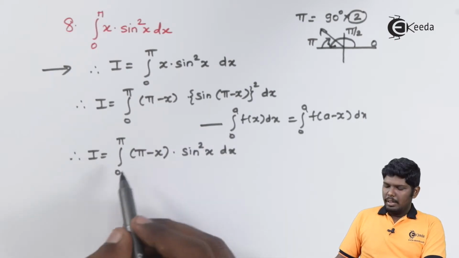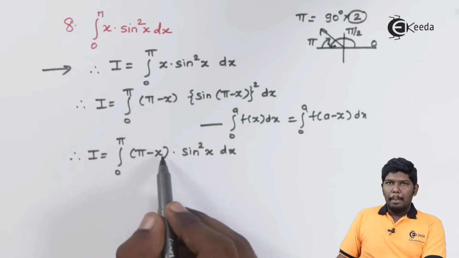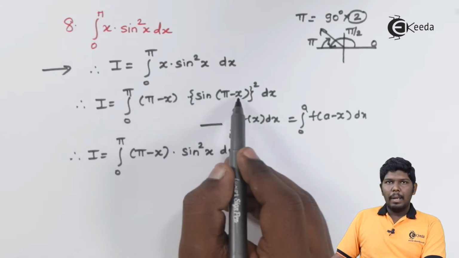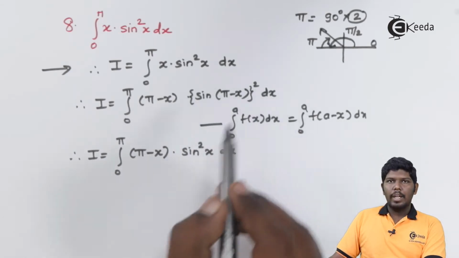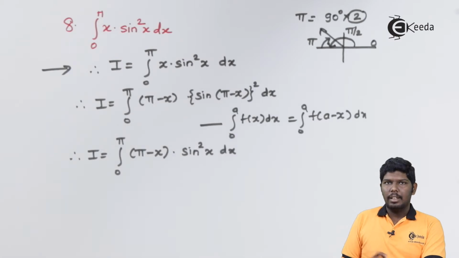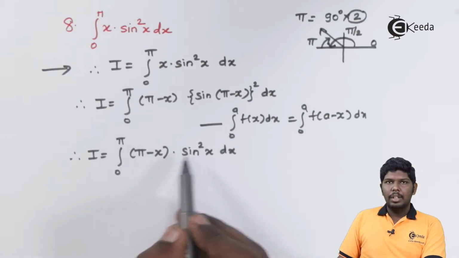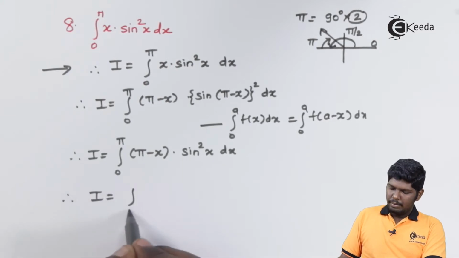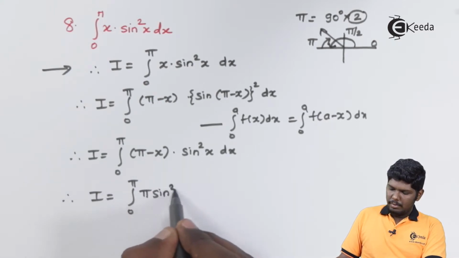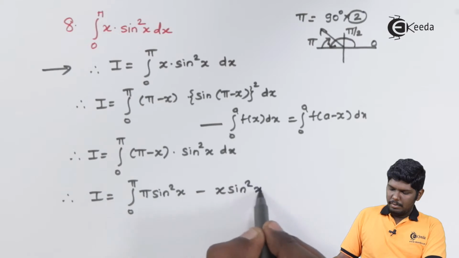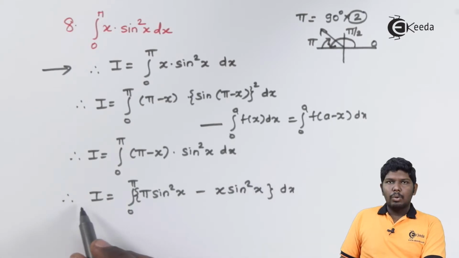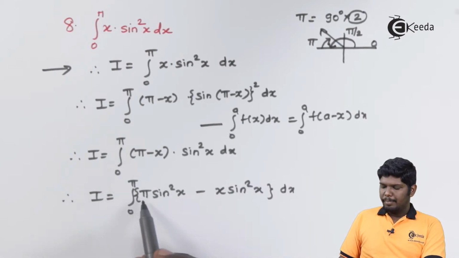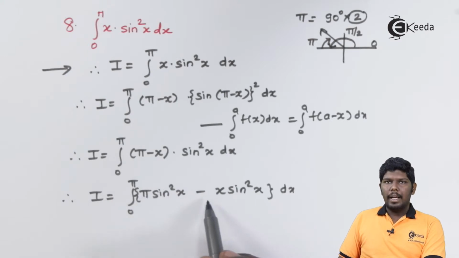So we have integral 0 to pi (pi minus x), sine of pi minus x is sine x, and whole square can be written as sine square x dx. Now let us multiply this term to each of the terms present inside the bracket. So we have integral 0 to pi of pi sine square x minus x sine square x dx.